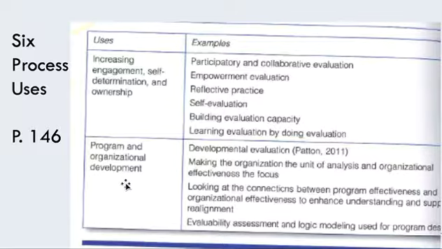And so we're looking at those connections between the program effectiveness and the organizational effectiveness to help us understand and support and realign what we're doing with our vision and our goals. And so evaluation assessment and logic modeling can be used for program design.